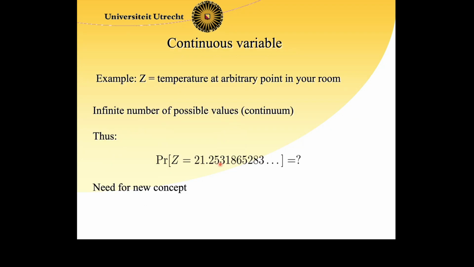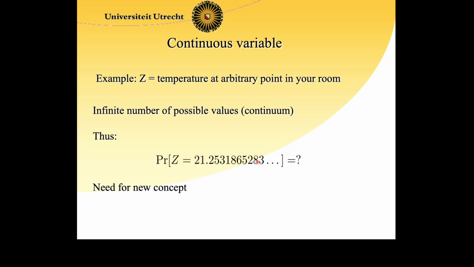Take, for instance, the room temperature. What is the temperature at an arbitrary point in your room? There's an infinite number of possible values. It's a continuum of temperatures that you can have. So what is the probability that Z is exactly equal to this number here?